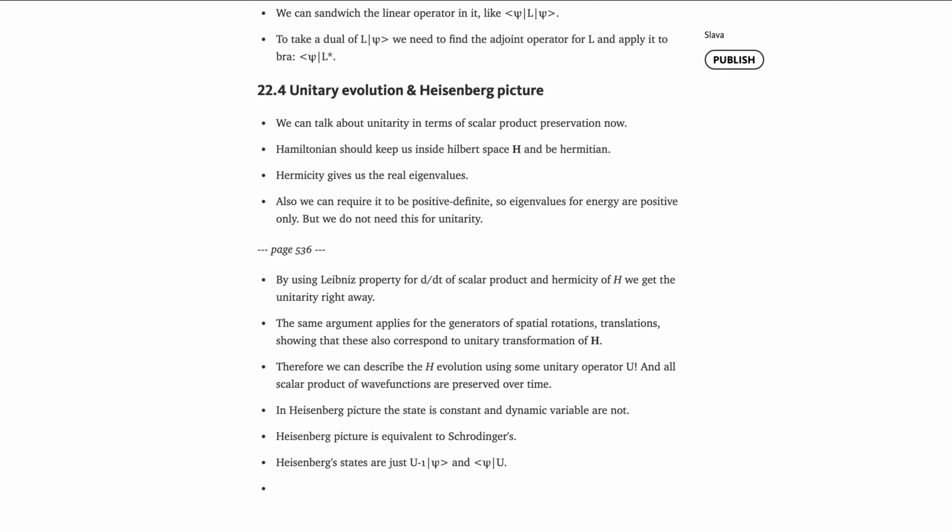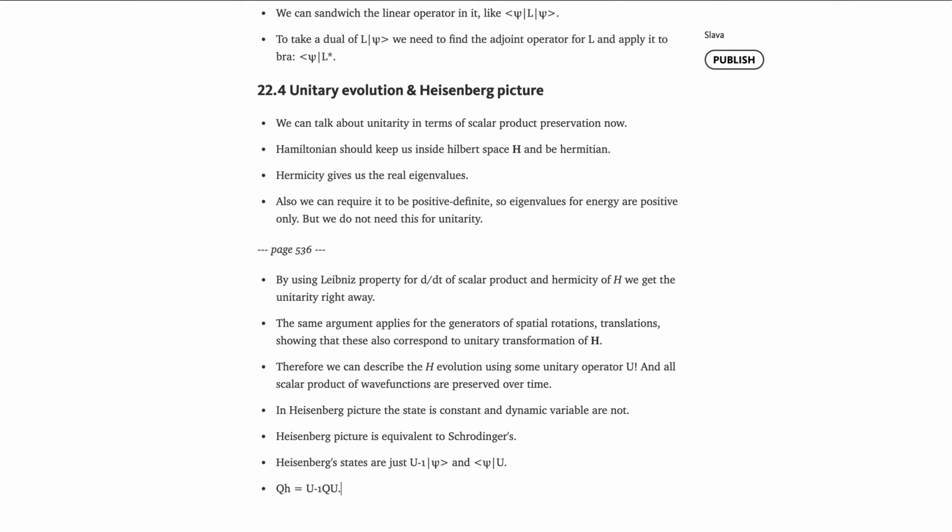Great. And for the operators, we will have similar transformations. In the Heisenberg picture, I cannot use smaller indices here, so I will just mark it with a small letter h. So Q of h will be just Q sandwiched between two U's, and for things to work, we need to do that in this way, something like that.